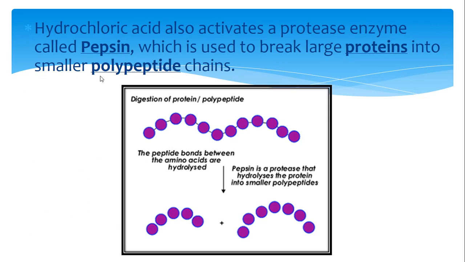Now, in addition to making the stomach very acidic and making it a very inhospitable place for pathogens, the acidic environment also activates an enzyme called pepsin. Now, we talked about pepsin when I talked to you guys about enzyme activity, right?